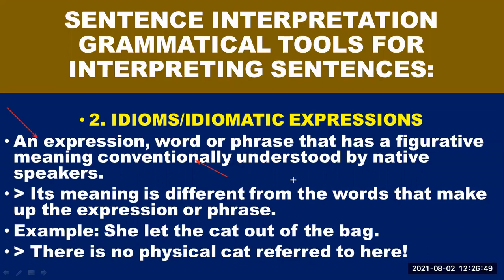For example, if you say that something is fishy, it doesn't mean there is any fish. Or if you say that someone has let the cat out of the bag, there is no physical cat in that equation. It's just an expression that is understood conventionally by native speakers, and it has a definite meaning that is conveyed.